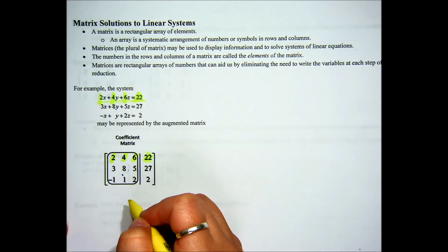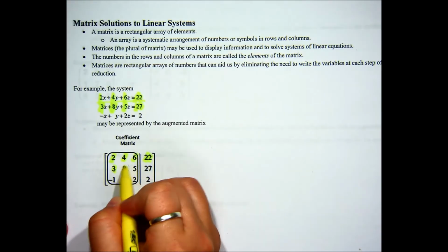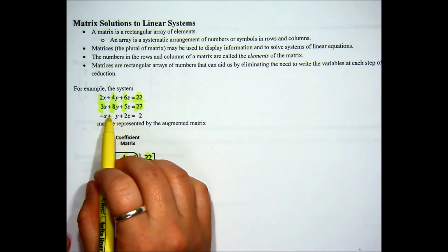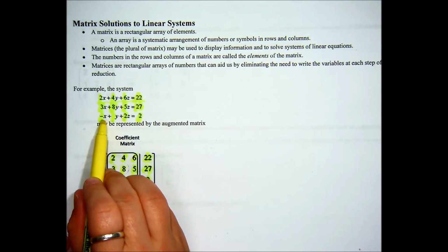The next equation has a 3, an 8, a 5, and a 27, which means the next row in my matrix would be a 3, an 8, a 5, and a 27. The last row in our equations, I have a -1, be careful, a -1, a 1, a 2, and a 2. Even though we don't write the ones here, they're understood.